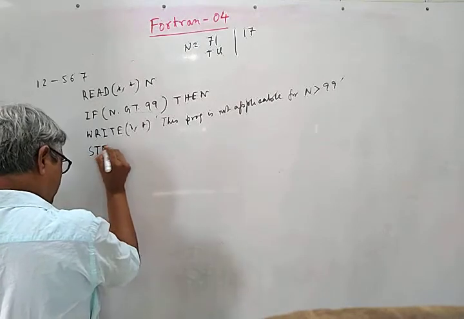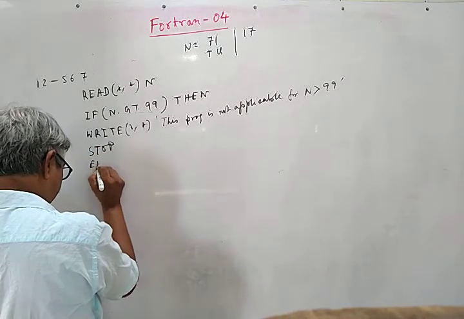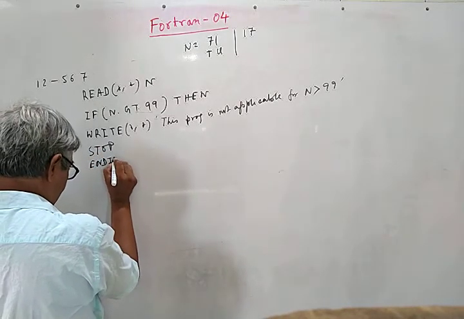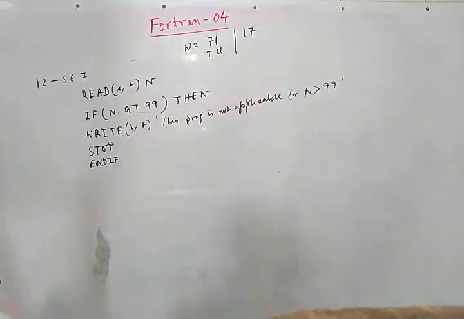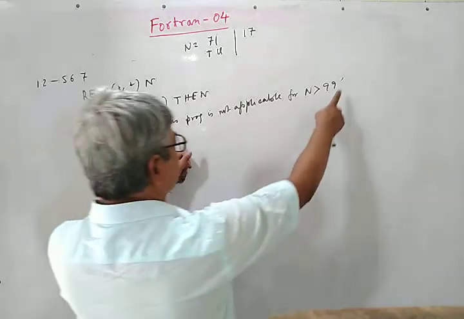Then we ask the program to stop and then end if. So if n happens to be greater than 99, the program will stop giving you this message.